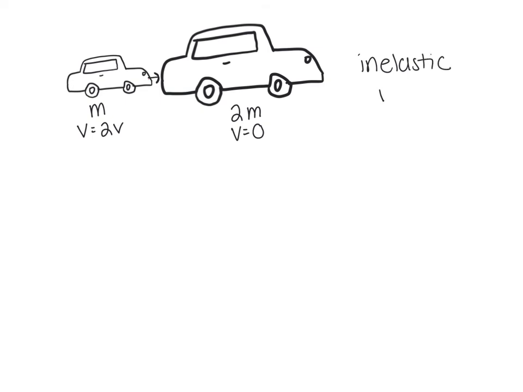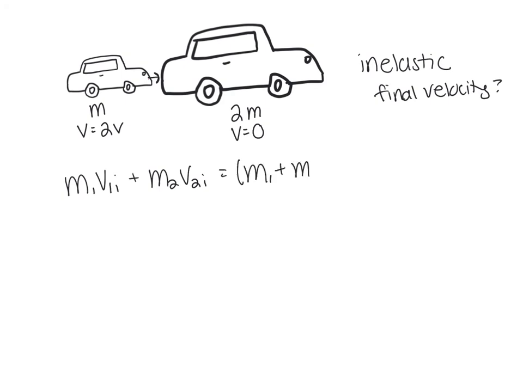So let's say I want to solve for my final velocity, which is typically what we're looking for in these problems. So if I have my initial mass and velocity, I'm just going to write all this out. While things are going to cancel, it's important that I do. And then I have my masses together times my final velocity. It's important that I write this final velocity as vf, and you'll see why a little bit later. My 2m car starts at rest, which means I can cancel out this whole part right here because my velocity is equal to 0.